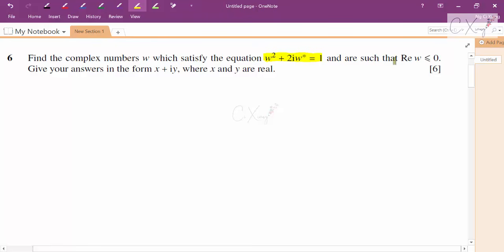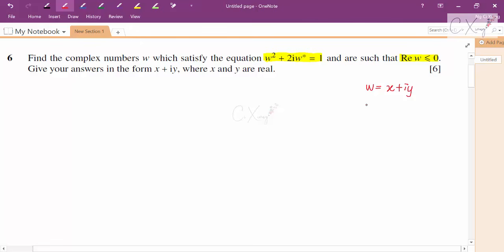And there's one important restriction here, where the real part of W is smaller than or equal to 0. Let us try to define W first, where W equals x plus iy. It is also given in the question that W can be written as x plus iy.